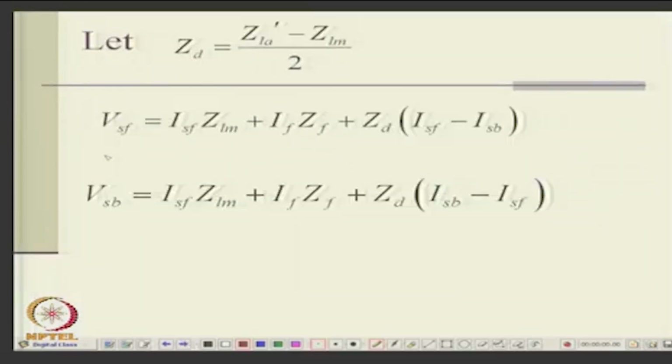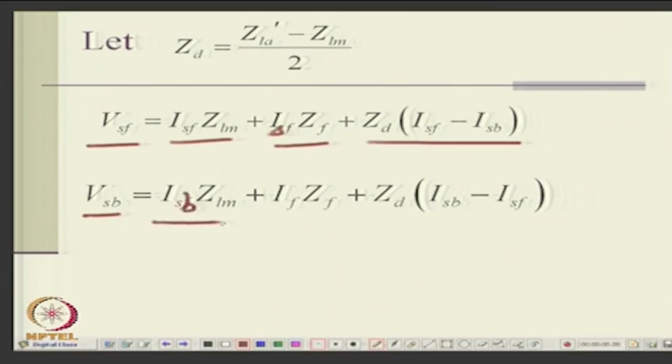So, you have VSF is equal to ISF ZLM, ISF ZF plus ZD into ISF minus ISB. In fact, it is rewritten again. VSB is ISB ZLM, sorry, it is written wrongly. This is ISB ZB plus ZD into ISB minus ISF.